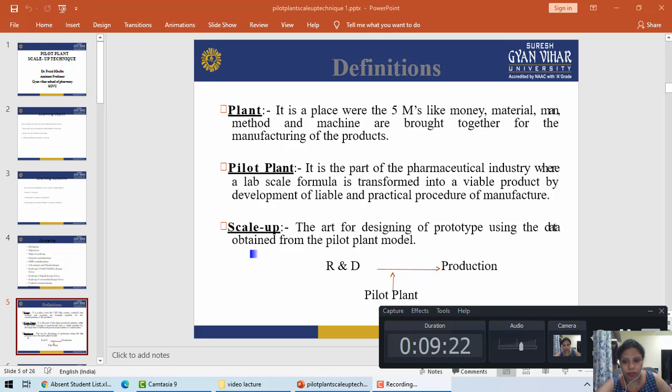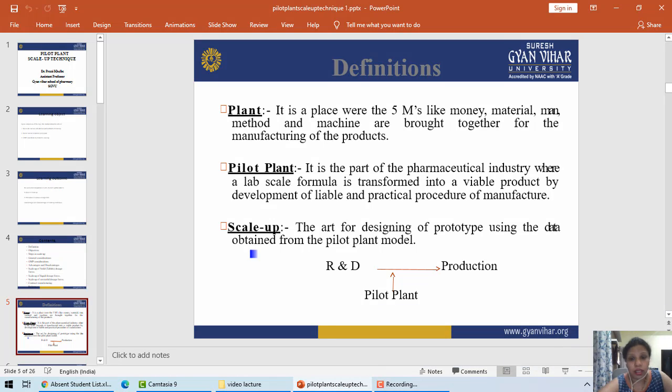Okay, other than that, next one is the scale up. Scale up technique is an art for designing of prototypes using the data obtained from the pilot plant model. The formula which we get from the pilot plant, if we apply it to large scale manufacturing, that is known as the scale up technique.